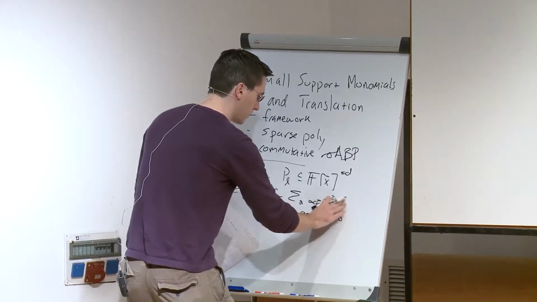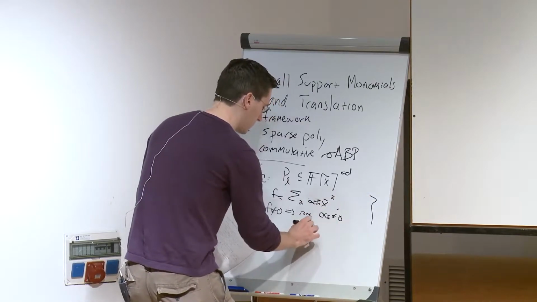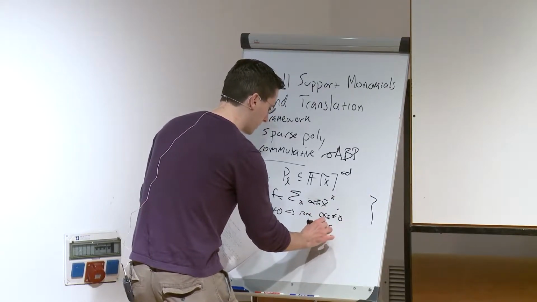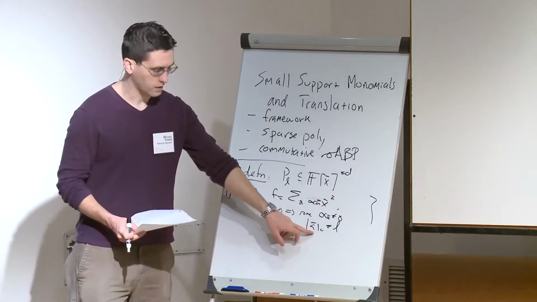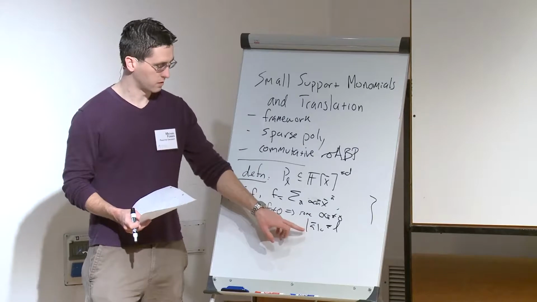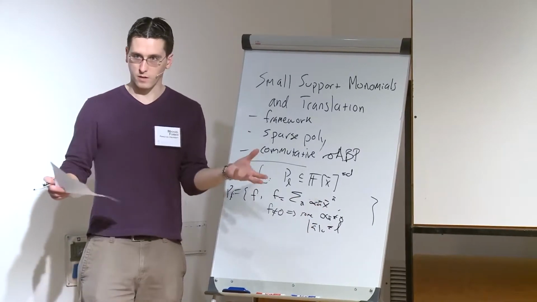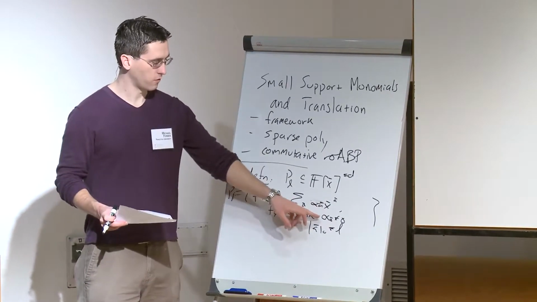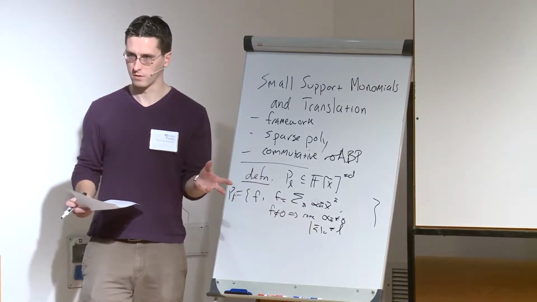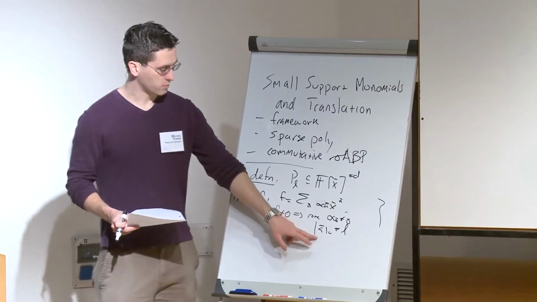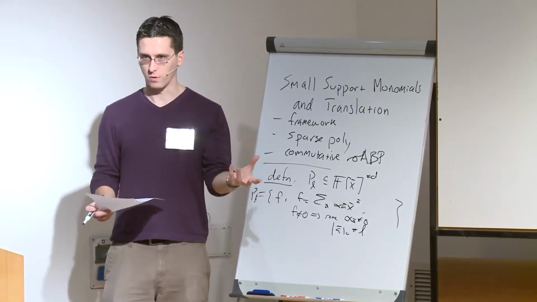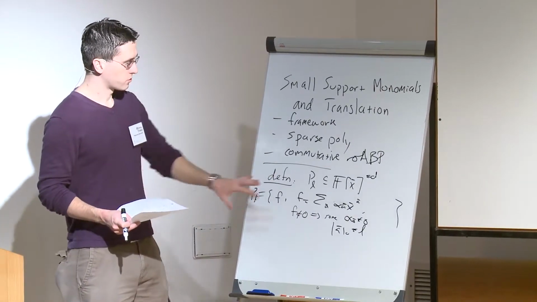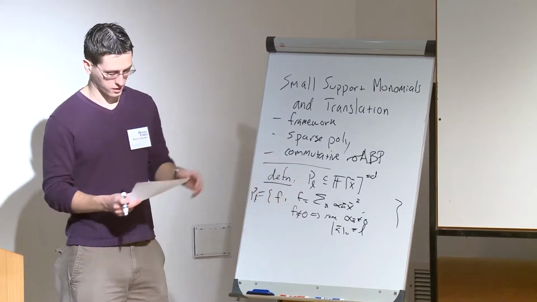In particular, what I'll call the L0 norm is at most L. The L0 norm is just the number of non-zero entries in this exponent vector. This monomial involves n variables potentially, but I'm saying that there's some coefficient that only involves L variables. Such monomials I'm going to call small support, in the sense that their exponent vectors have small support, and these are the main actors for today.